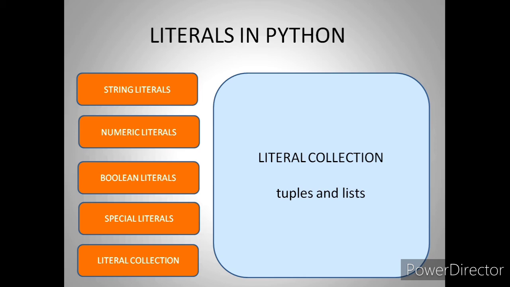So it will take a lot of time to understand, so this will be discussed in the next classes. But you should know that literal collections are tuples and lists. Literal collection means you are able to have more than one value collectively, which can be created with the help of a list or with the help of tuples.